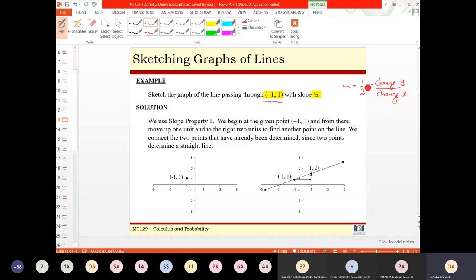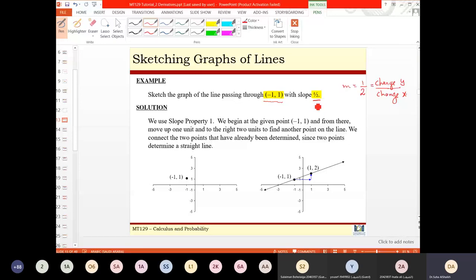So what's the change in y? It's 1. What's the change in x? It is 2. Right? From the slope, I get that the change in y is 1 unit and the change in x is 2 units.